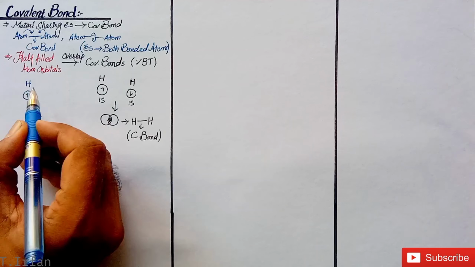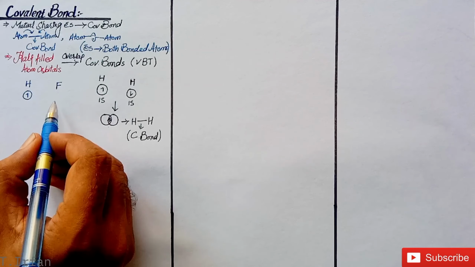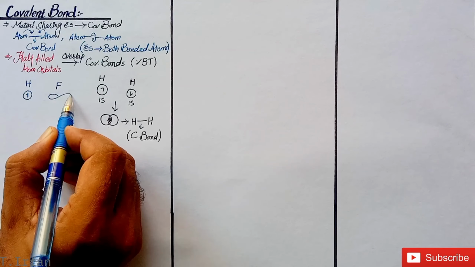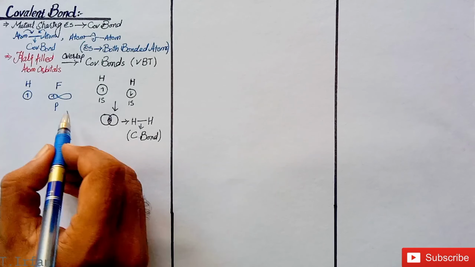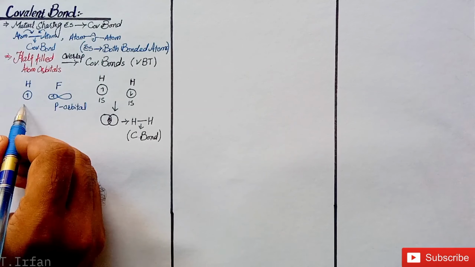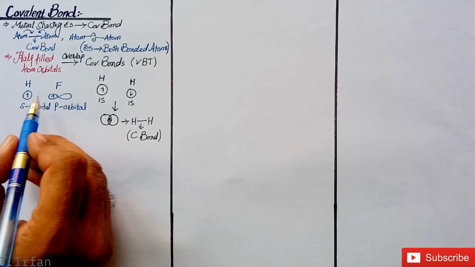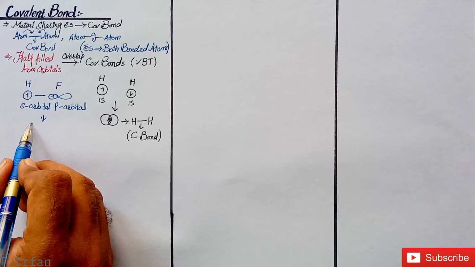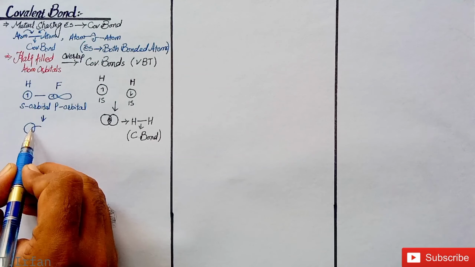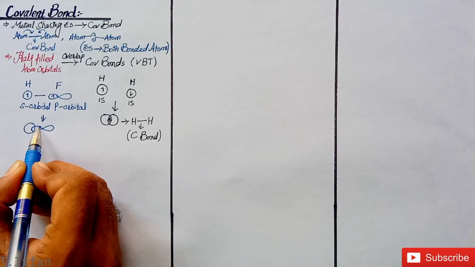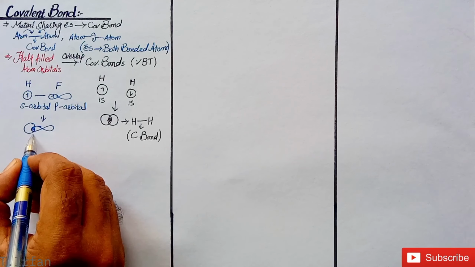In case of hydrofluoric acid, this is the half-filled s orbital of hydrogen and the half-filled p orbital of fluorine. These half-filled orbitals overlap and form hydrofluoric acid, which has a covalent bond.